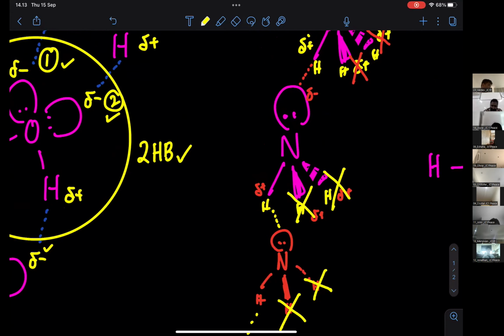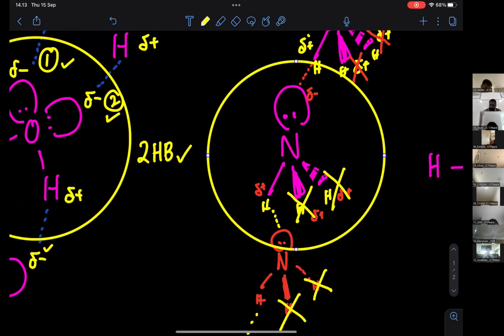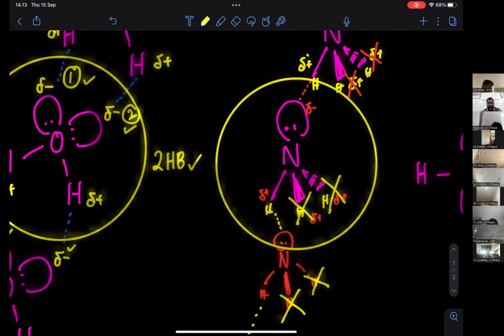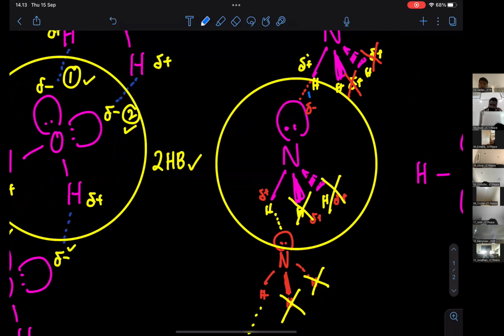If I just look at one particular molecule of ammonia, it will look as though I have two hydrogen bonds in that particular molecule.